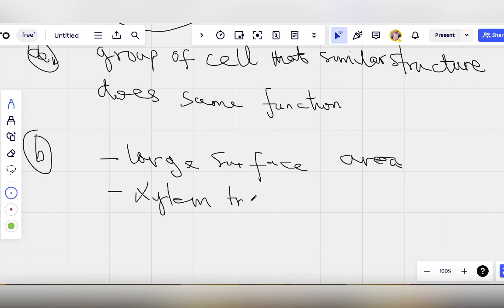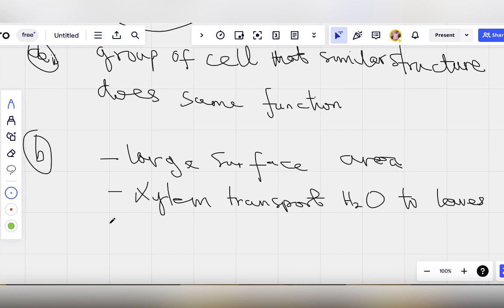In the exam you can write the xylem cells or xylem vessels. Transport water. In the exam write water, not the chemical formula H2O. Transport water to the leaves. I write plural, leaves, plural of leaf.